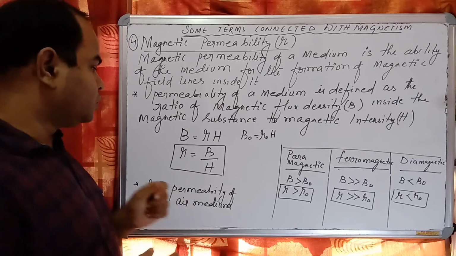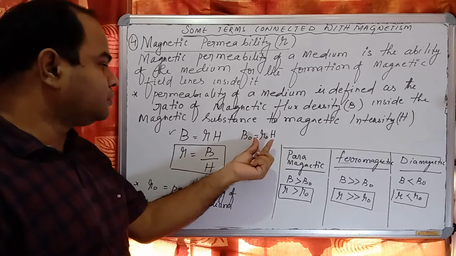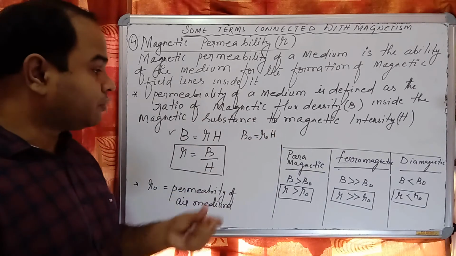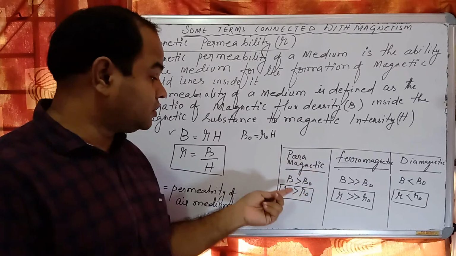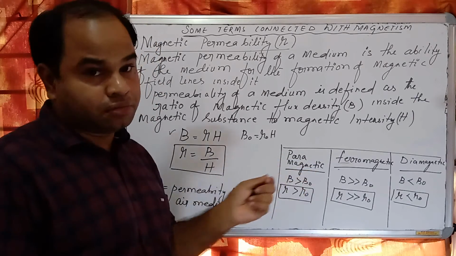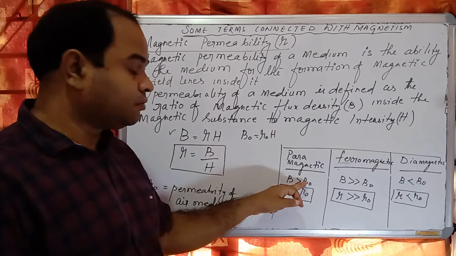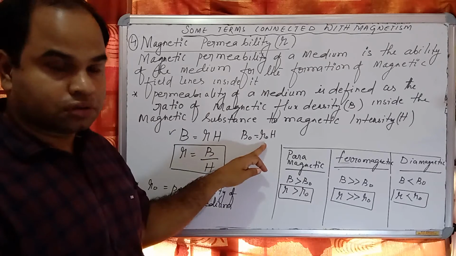So for any medium B is equal to mu into H, for air medium it is mu naught into H. We just discussed that for a paramagnetic substance B is greater than B naught, so mu is greater than mu naught.